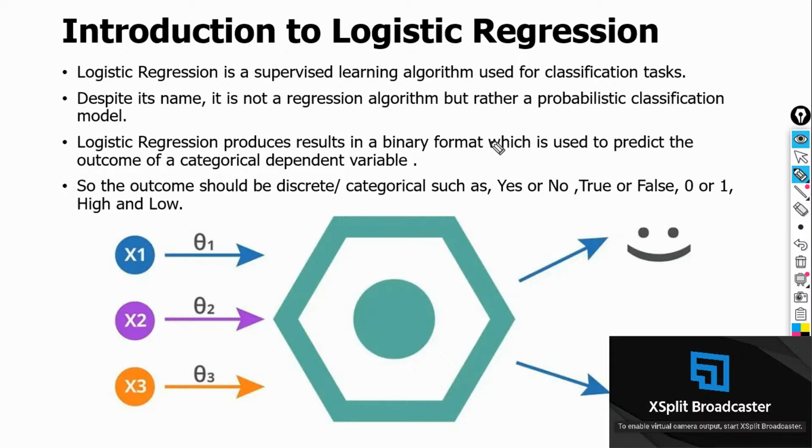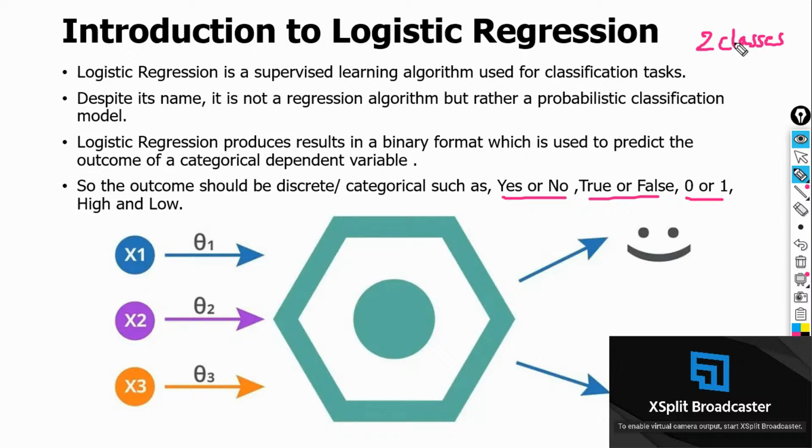Logistic regression produces the output in binary format. If you see the examples here: yes or no, true or false, 0, 1, high, low. The value should be discrete, and moreover, there should be only two classes. In such cases, we use logistic regression to classify the binary classes.